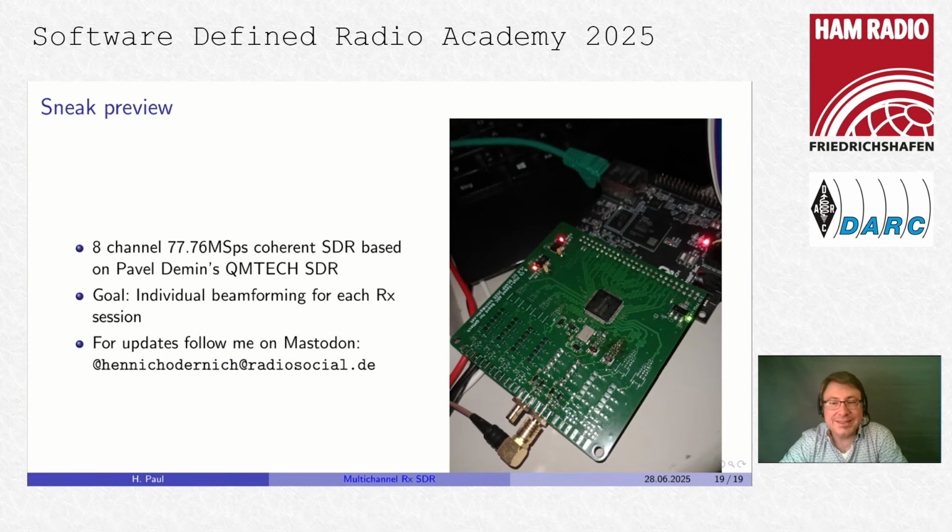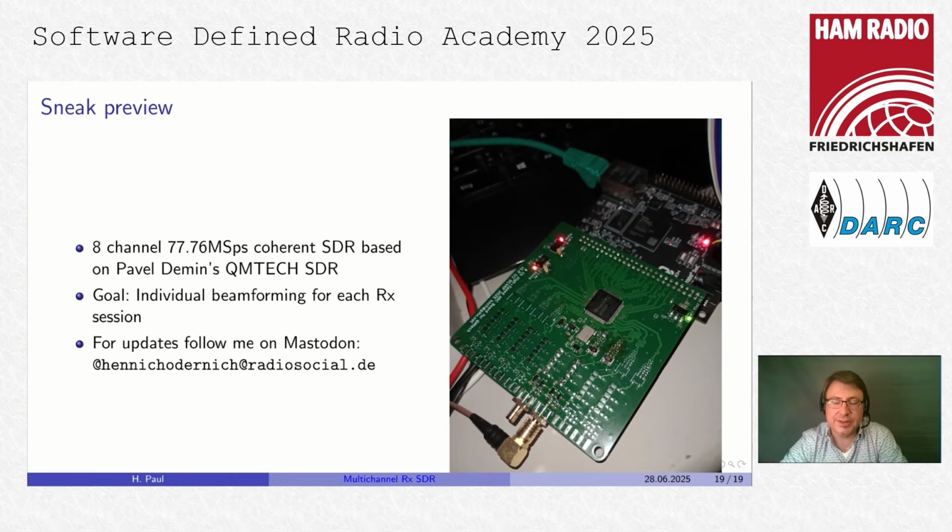And the idea, say the goal in the end, would be to also support several sessions in parallel. Like Pavel mentioned, you can receive different bands at the same time with his solution. My goal would be then to have not only different bands at the same time, but also at the same time with different virtual directional receive antennas.